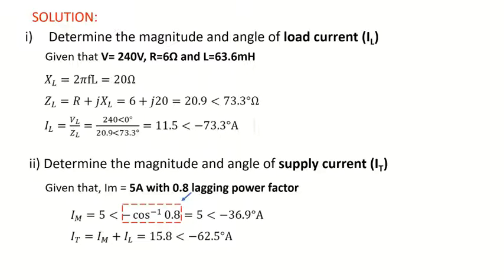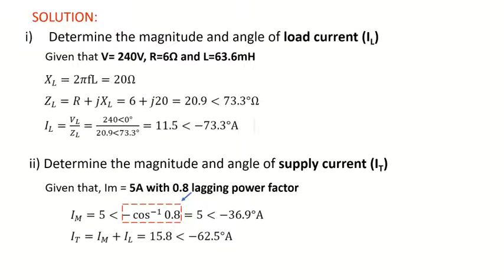R is given as 6, plus your inductance j20, with a plus j because it is an inductor. So in phasor form, your ZL is 20.9 with 73.3 degree ohm.